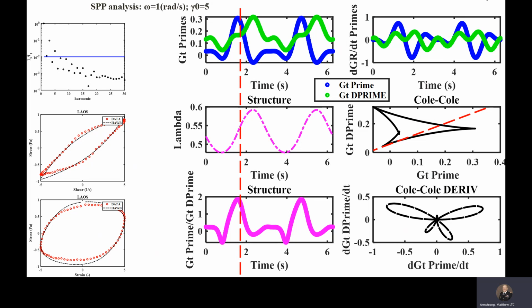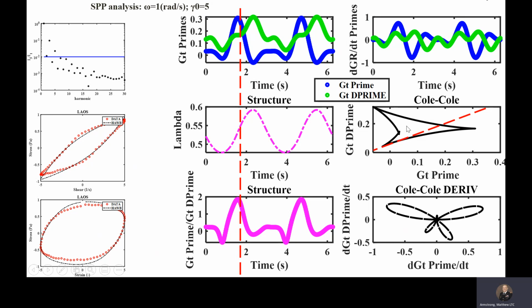We can see that as the transient elastic modulus is peaking, we're starting to show an increase, or at least an almost peak value, of lambda, noting that, if you recall, the MHOB model allows for the structure to make contributions also to the total viscosity. So we know that by increasing lambda, we should theoretically see it happening between the two peaks, one for the transient elastic moduli, one for the transient viscous moduli.